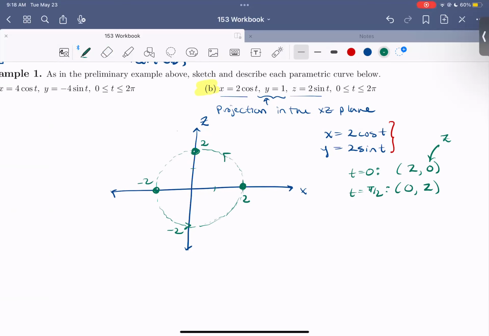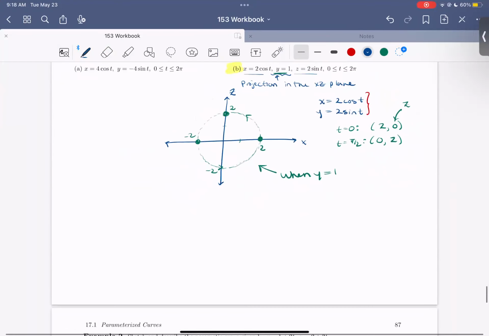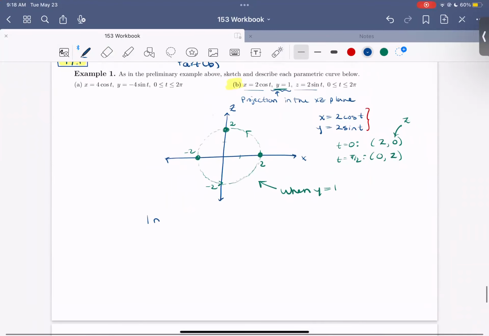Okay, so now that is when y equals 1. And in fact, y equals 1 for the entire curve. So what we might want to do is plot this curve in 3 dimensions. So now in 3 space, we're going to have our 3 axes.